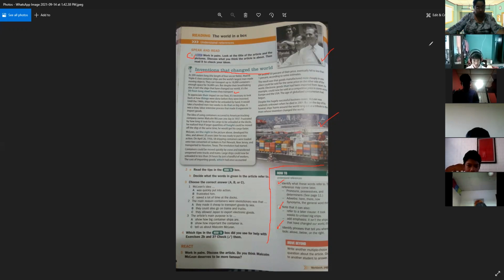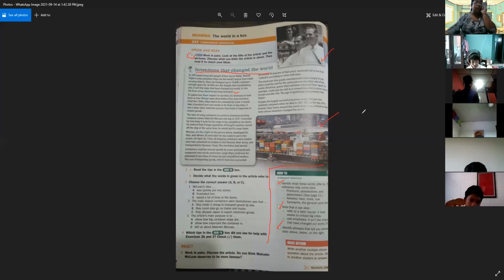They can transport up to 80 million containers, but despite the breathtaking size, it isn't this ship that has changed our world, it's the 20-foot-long steel boxes they transport. Okay, thank you, Laura.